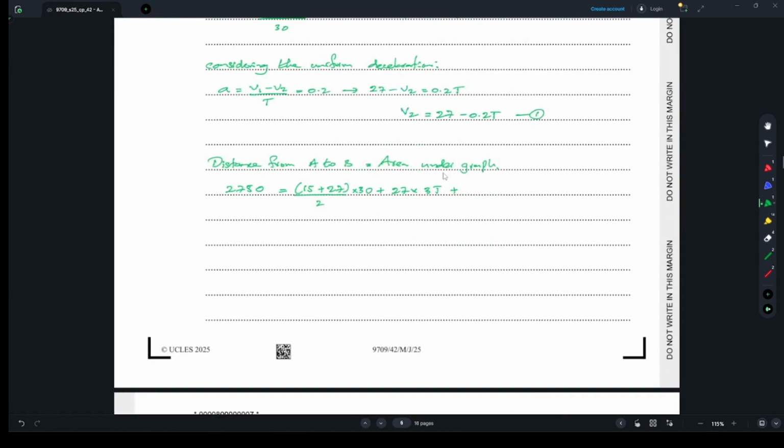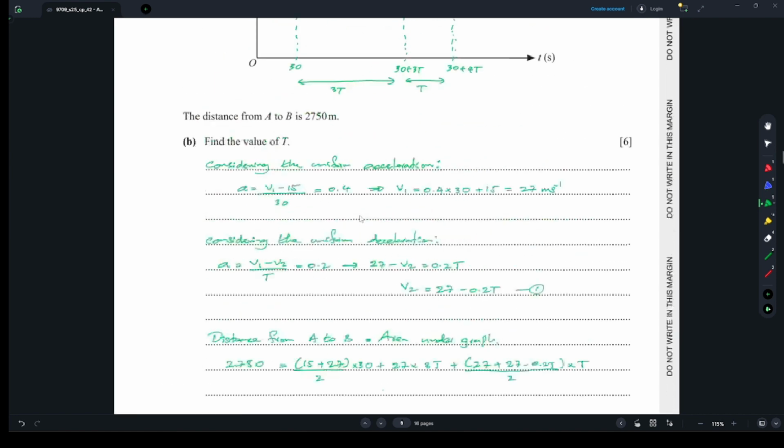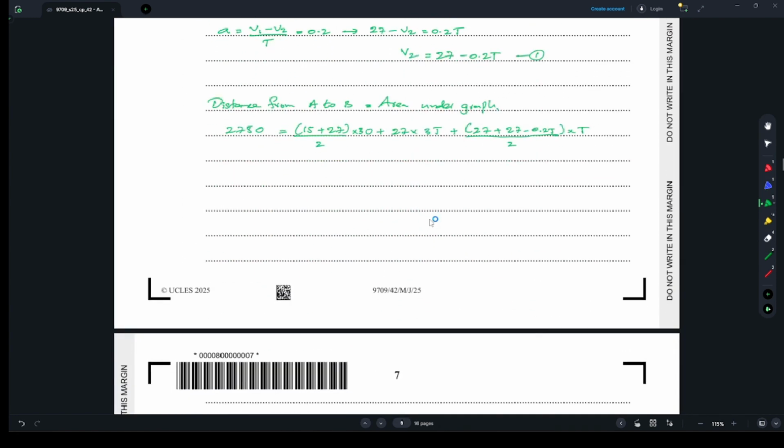So we write 27 plus 27 minus 0.2t, divided by 2, multiplied by the height of the trapezium, which is t.